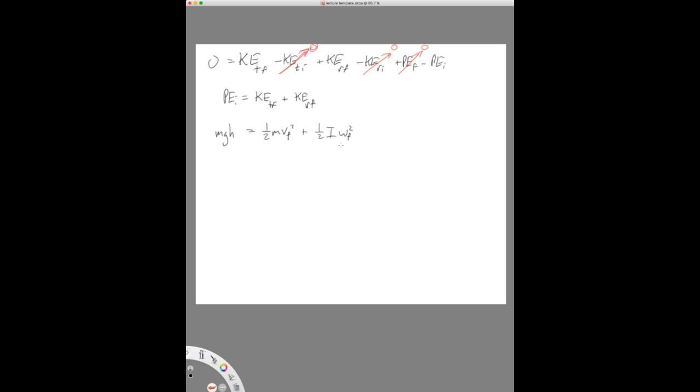Now here's where we have to know things. For the first term and the second term, we already know how to work with them. But on this next piece, we have to know what to do with the moment of inertia. Also, what to do with omega final. So for omega, we know that v final equals R times omega final.